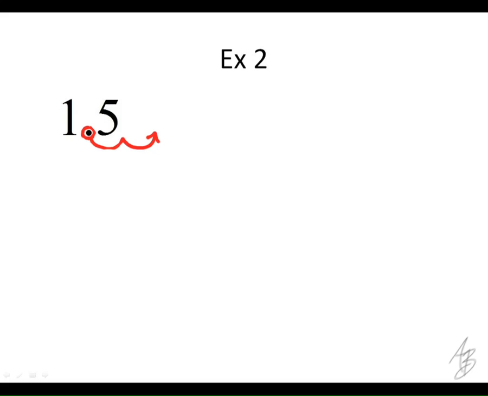What's my problem, Stephen? Yeah, there's a blank space here. So I don't have anything to hold this place in front of my decimal. If I don't put anything there, it's going to be a 1.5, and then a blank, and then a decimal point. Well, that's going to get confusing, right? So, Stephen, what do I need to put in there?